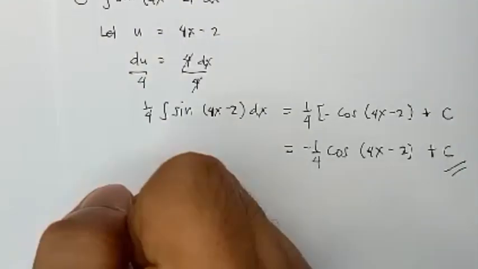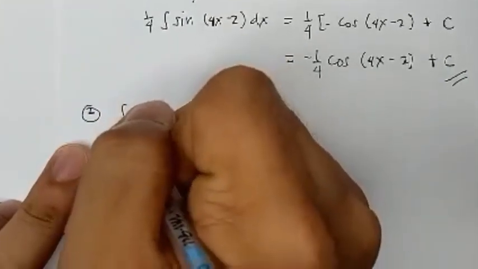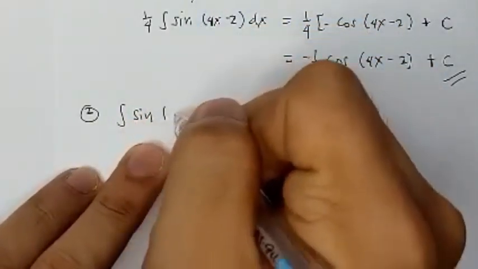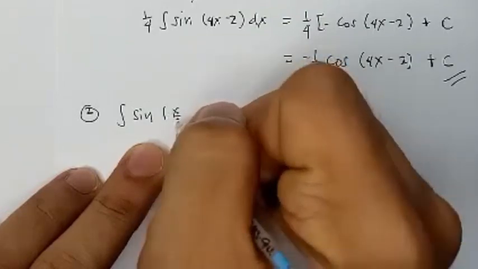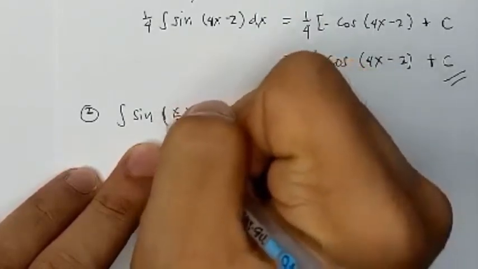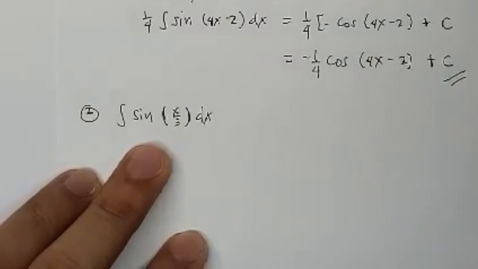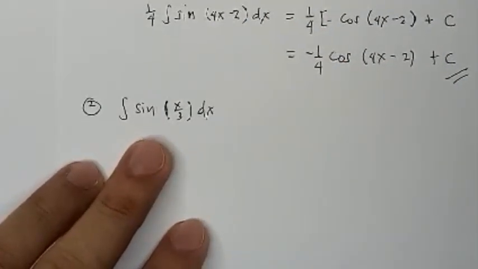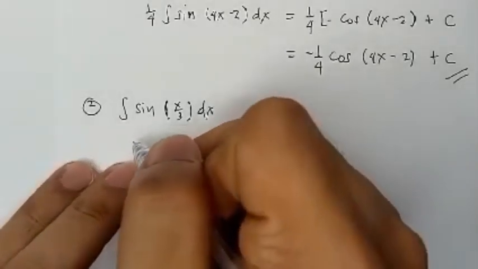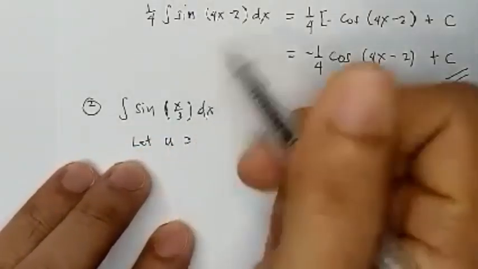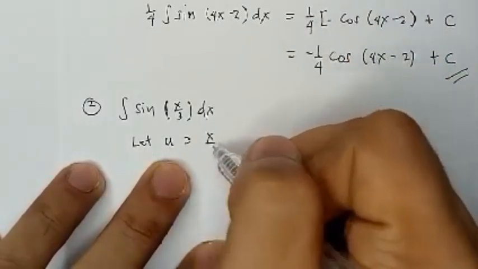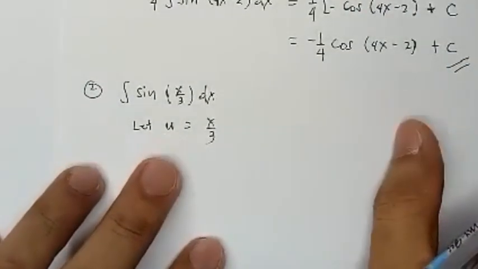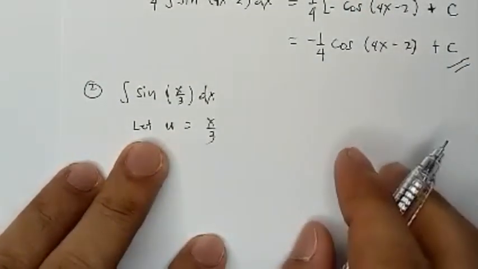Our second example here, guys, is the indefinite integral of sine quantity x over 3 dx. Okay, so from our first example, we need to let the inside of the function be u. So if we let u equal x over 3, then what will happen next is simply we're going to get its derivative.